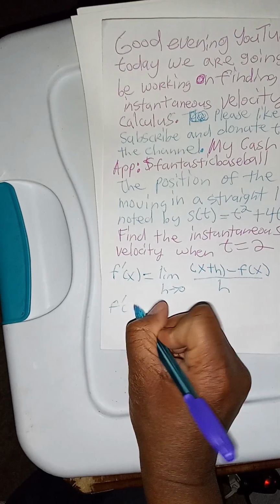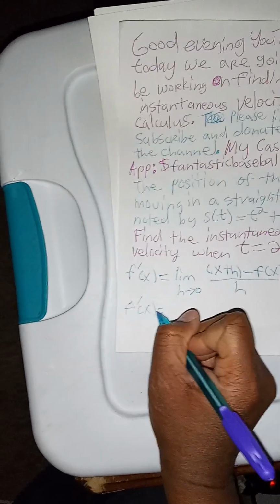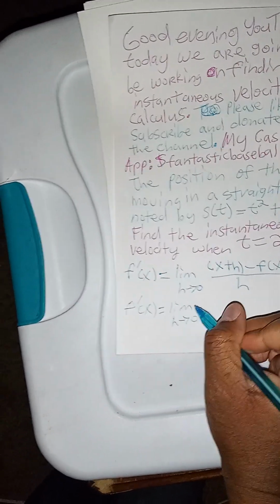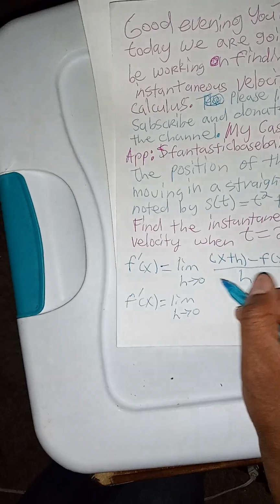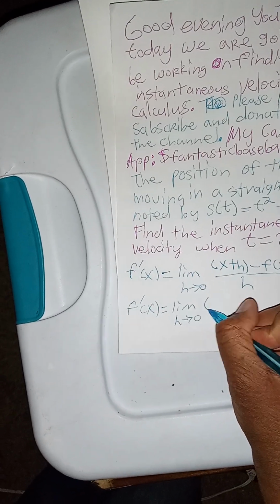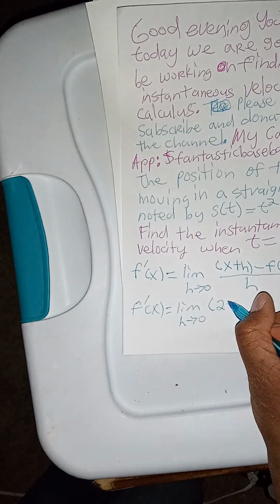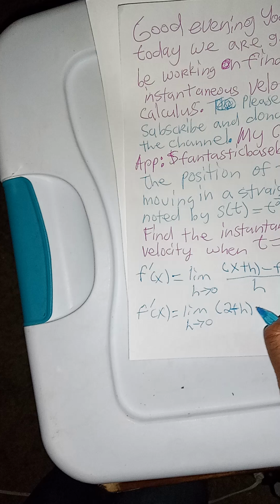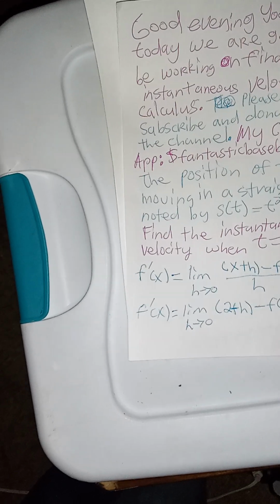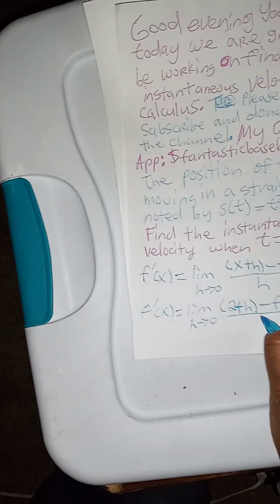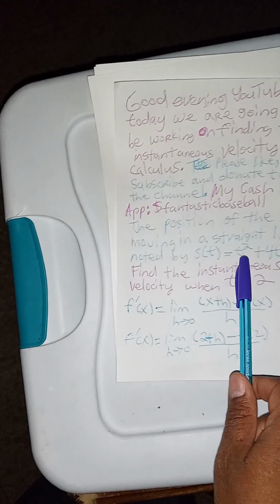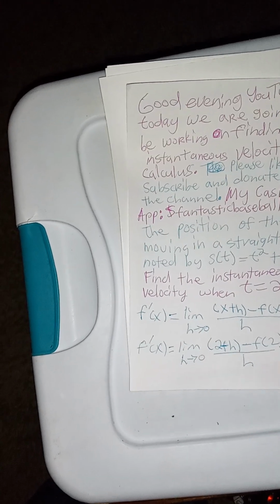F prime of x is equal to the limit as h goes to 0, and then we input 2 for x, so f of 2 plus h minus f of 2, all over h. And then our function here is s of t is equal to t squared plus 4t plus 3.